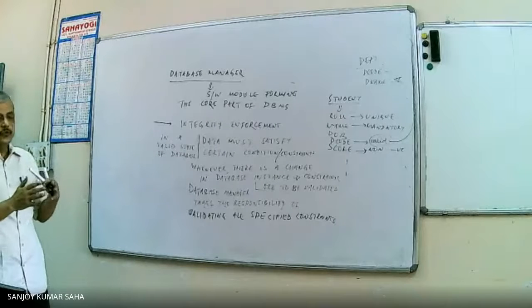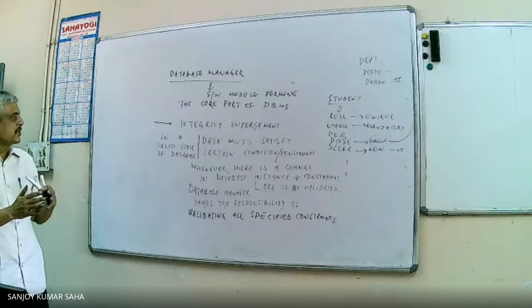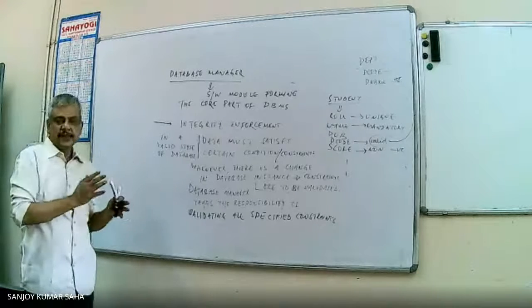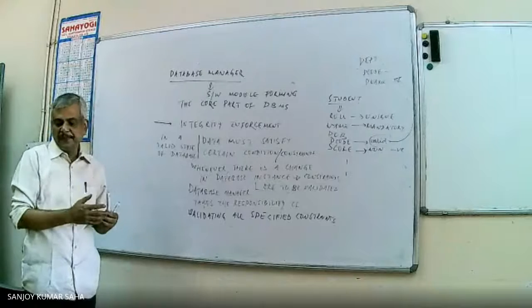So enforcement of the integrity constraint becomes the responsibility of the database manager. Our role will be to specify those things. That's all.